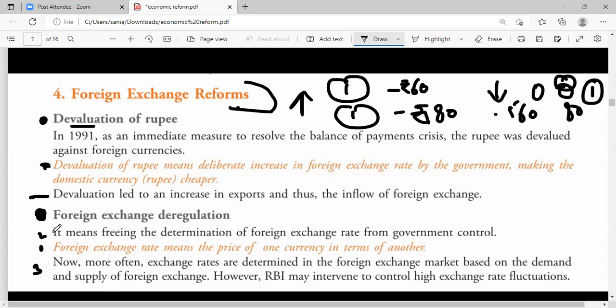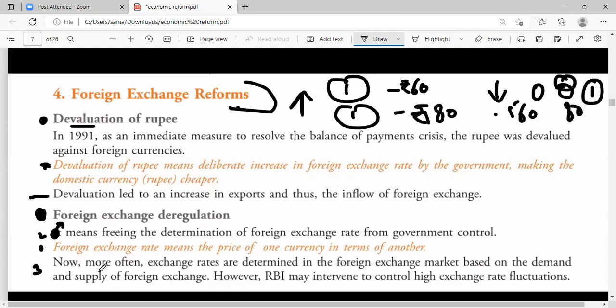Now, here you will write this. Foreign exchange deregulation means freeing the determination of foreign exchange rate from government control. Earlier, whether the rate would be 80, 90, or 100 rupees was determined by the government, but now it is freed from government control.